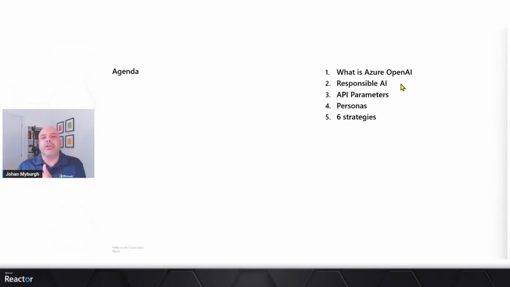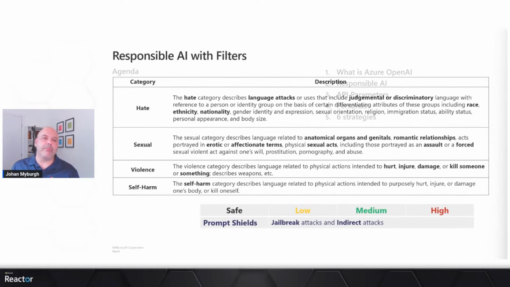But we've also built some capabilities into our service that allows you to treat it a little bit more responsibly, right? And what I mean by this is our OpenAI service has got some content filters that you can attach to your different models. And this is going to allow me to filter in or filter out certain types of categories of information.